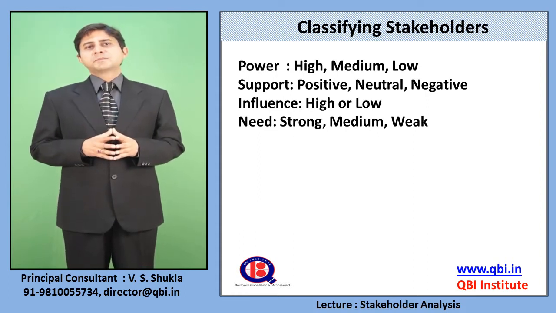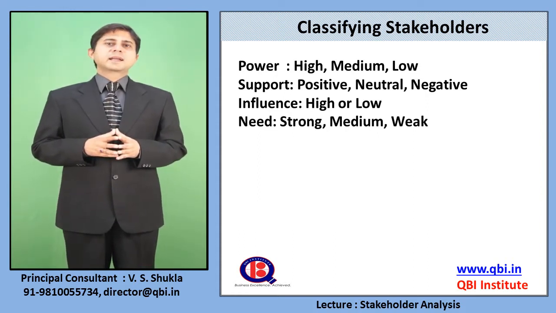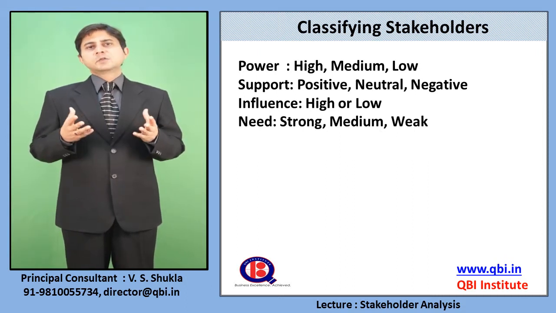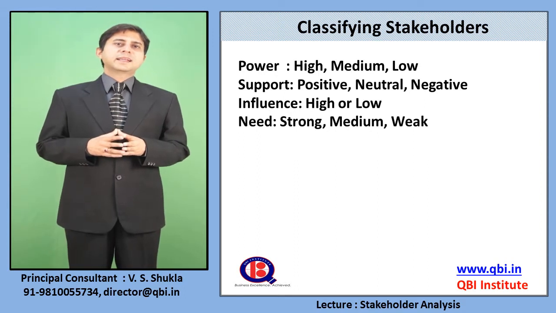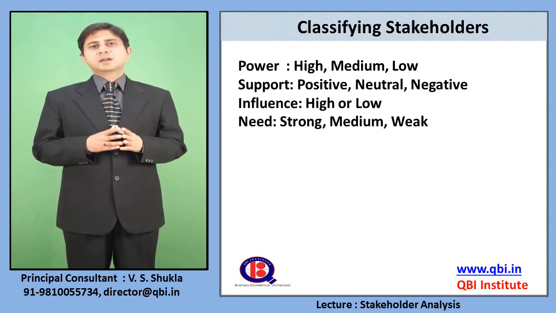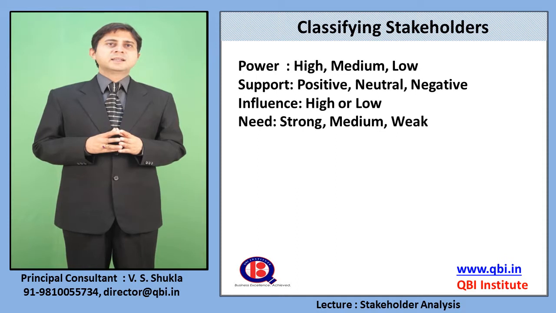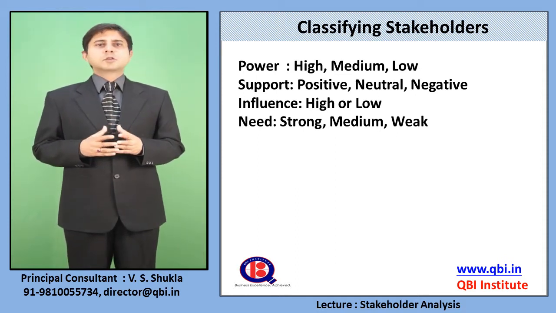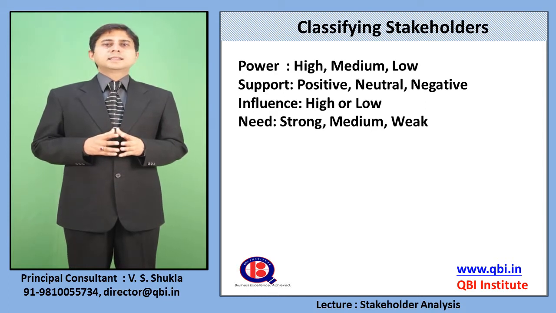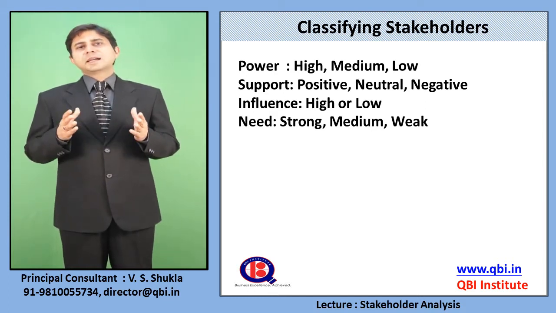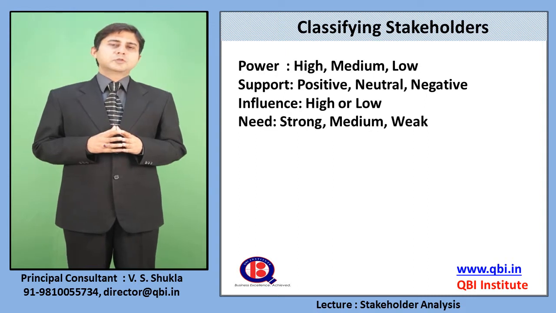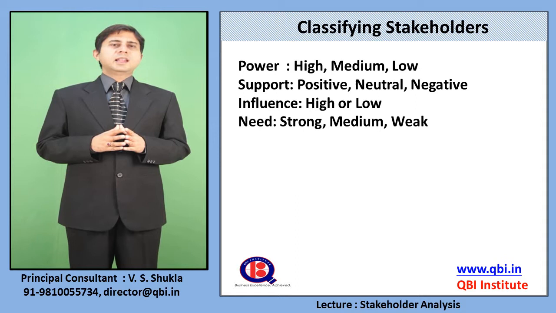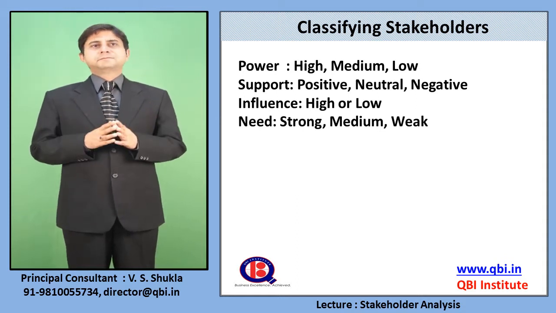Say, for example, you are implementing a customer relationship management solution in a company. The need for the marketing department and the marketing head will be very high or very strong, compared to, let us say, the head of HR, who will have a weak need for the same solution. So taking this example, the head of HR as a stakeholder will have high power.